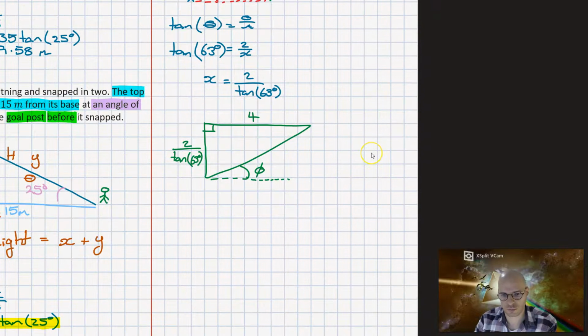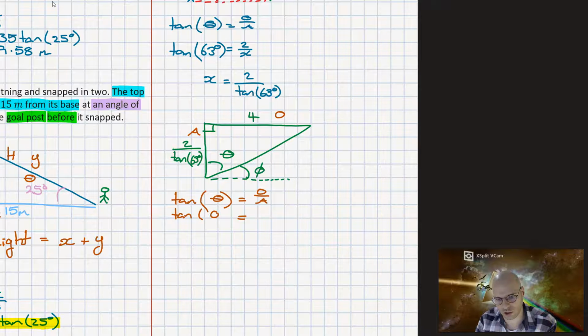So the first part is we're going to solve for this interior angle here, and we'll call it theta again. So we're going to have opposite and the adjacent, and we can write tan theta is equal to opposite over adjacent. That will come out to be tan of the unknown theta will be 4 over, and here's where it gets a little bit messy.